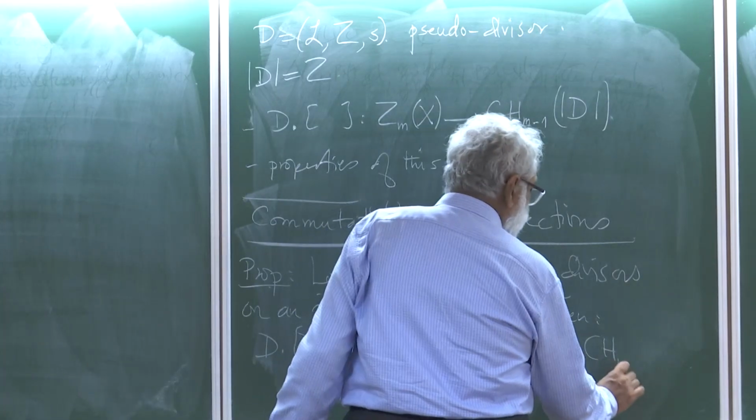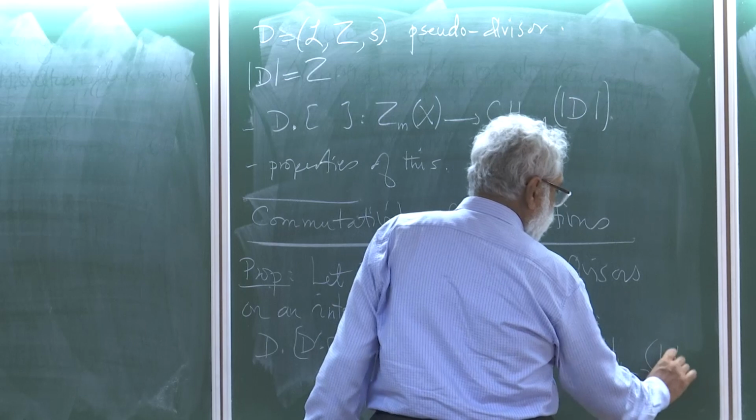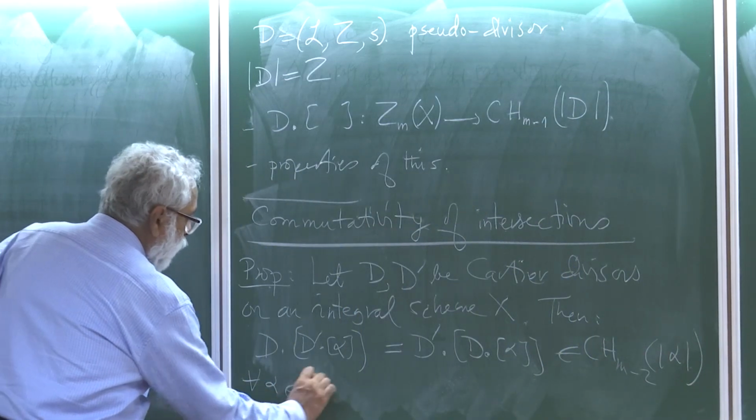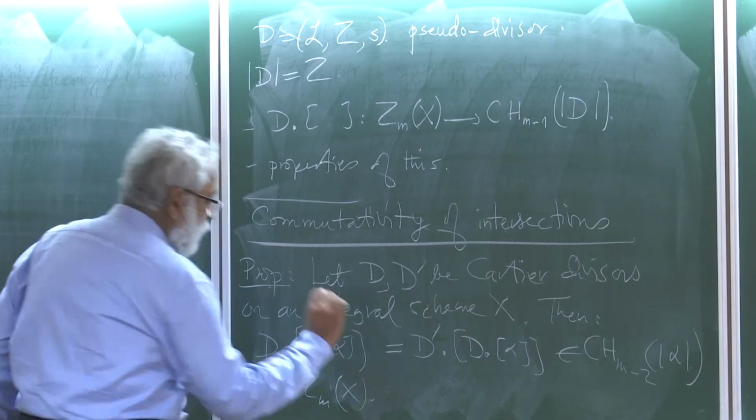So m minus 2, I should have said what m is, for all α in Z_m X.